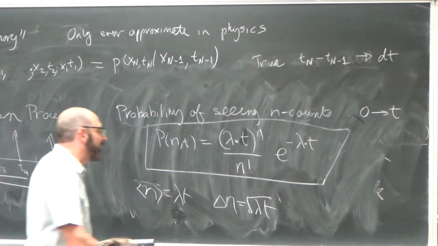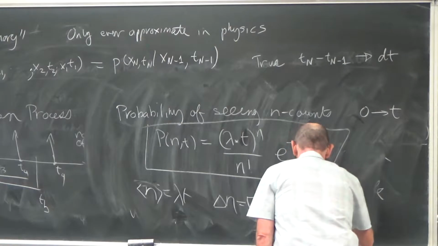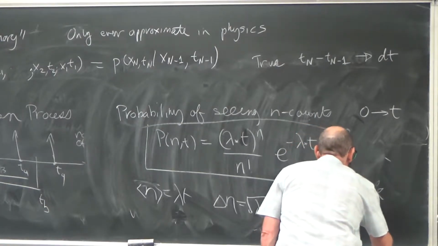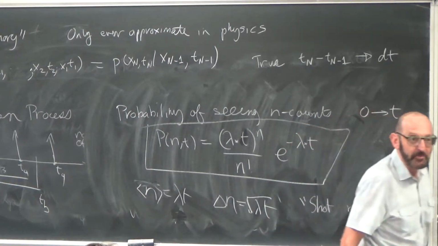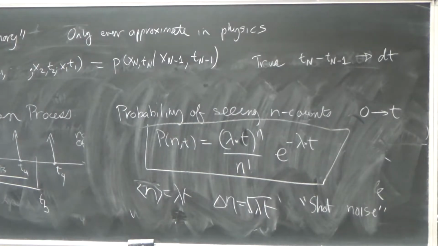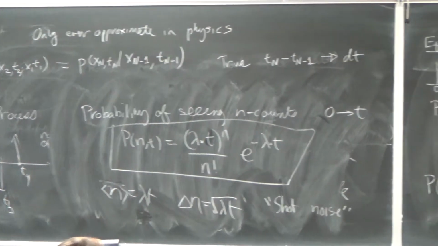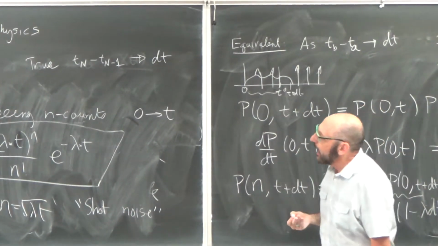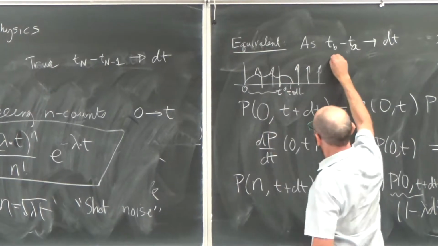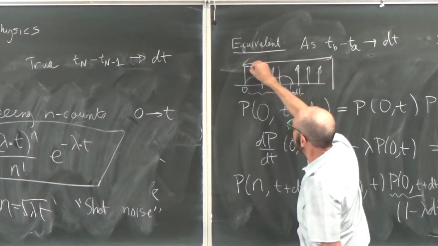This is what's sometimes known as shot noise. The number of counts varies from shot to shot. So if I have my detector, I'm going to see click, click, click, click. They're not all going to come in spaced equally. They're going to come in a random way. And I'll see some number of counts on average if I count for some total amount of time, t.